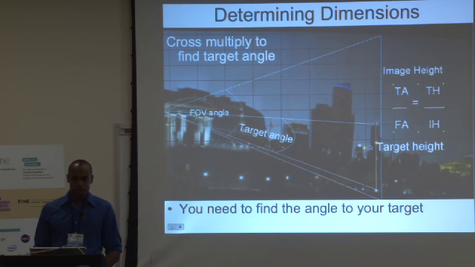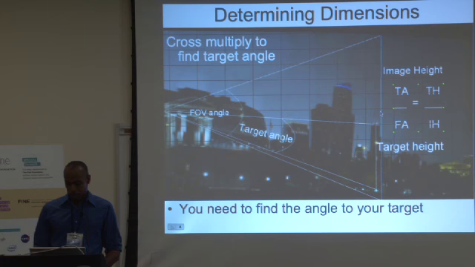So it doesn't matter if it's pixels or centimeters of the image. We have a ratio, which is the target angle, this angle here, over the field of view angle, which is also in the Stitcher notes, and that is equal to the target height, which is the height of the Sears Tower here, over the image height, which is the full image here.